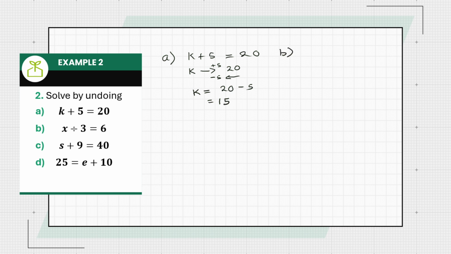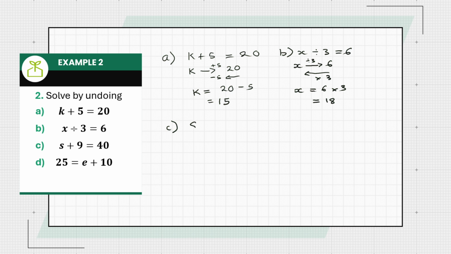If we look at B, we have x divided by 3 is equal to 6. So we've started at x, we've gone to 6 by dividing by 3. So to go back towards x, we have to do the opposite and multiply by 3. So x is equal to 6 times 3, which is equal to 18.